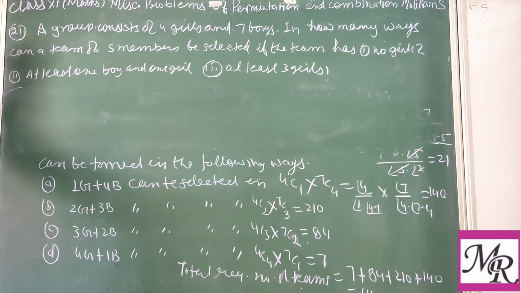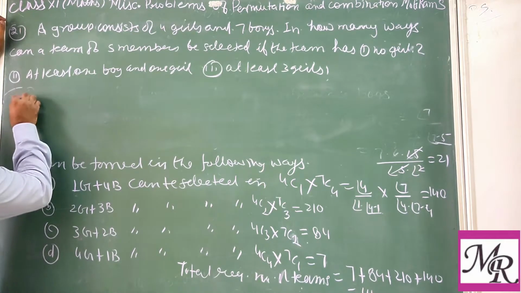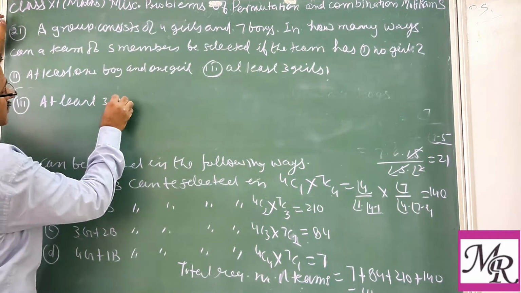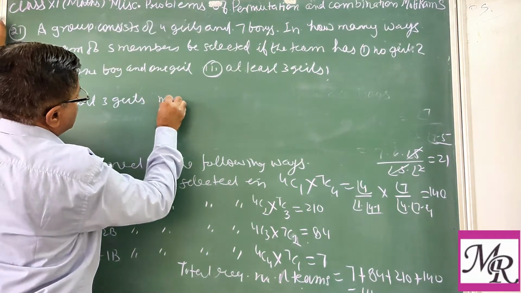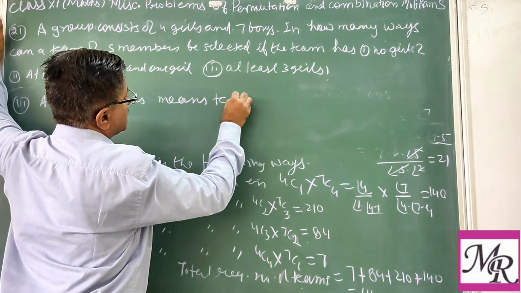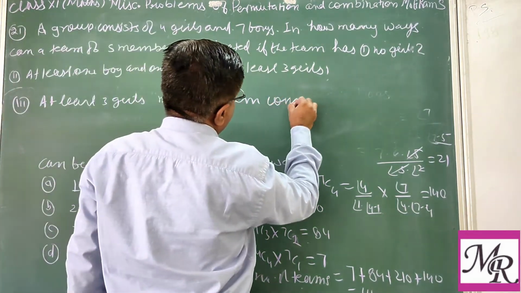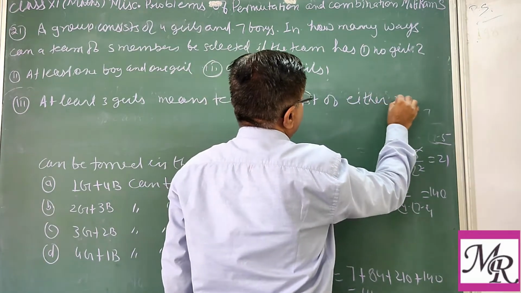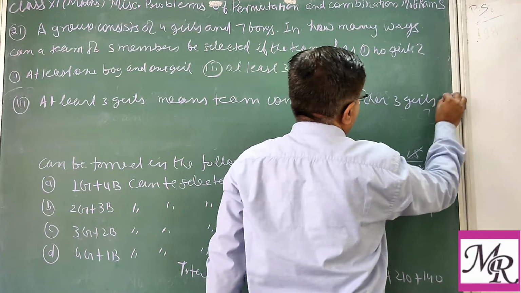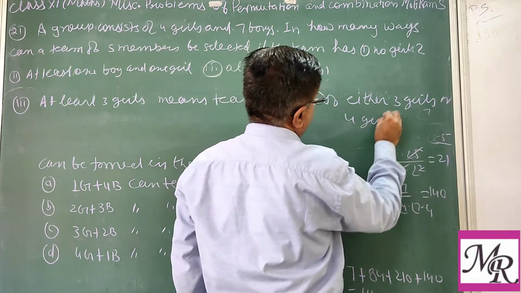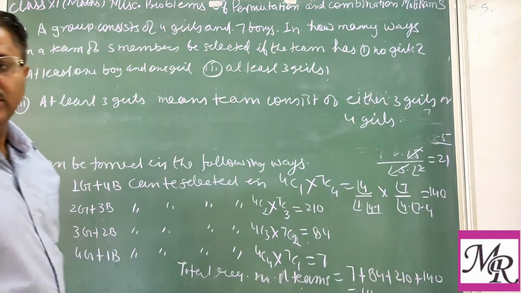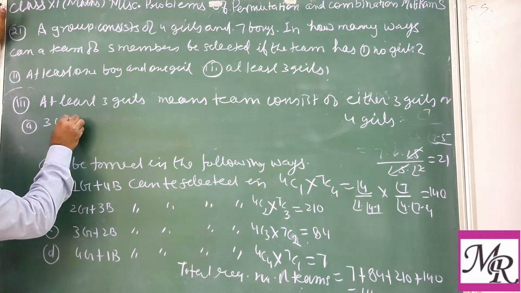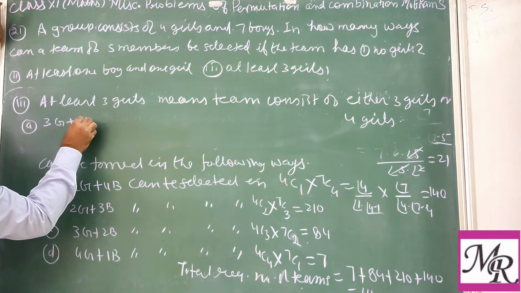So you can say third part, at least 3 girls means the team consists of either 3 girls or 4 girls. Only 2 cases are there here. So first case, 3 girls, then remaining 2 will be boys.